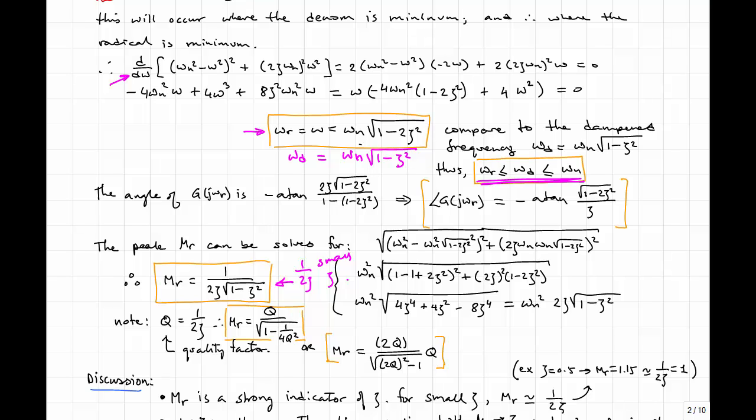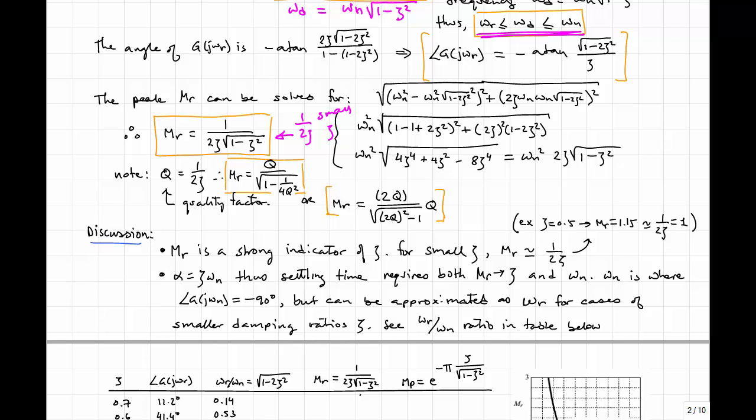The quality factor is related to zeta as 1 over 2 zeta. So for small zeta systems, we can equate the peak Mr with Q. So if the peak is 10, we say the quality factor of this system is approximately 10.